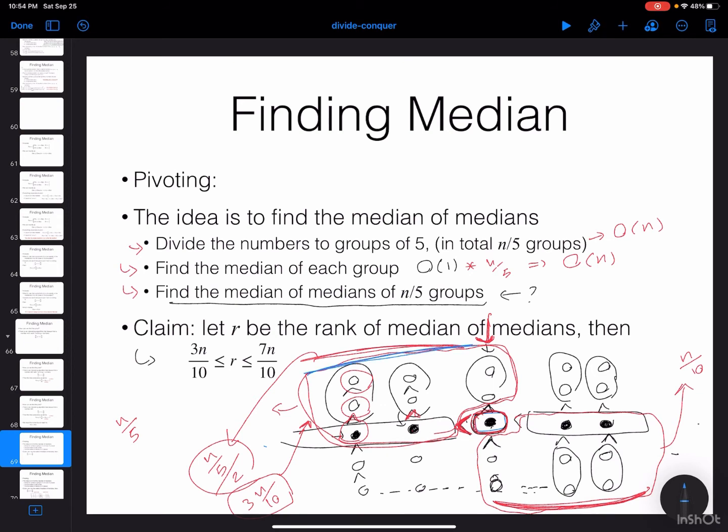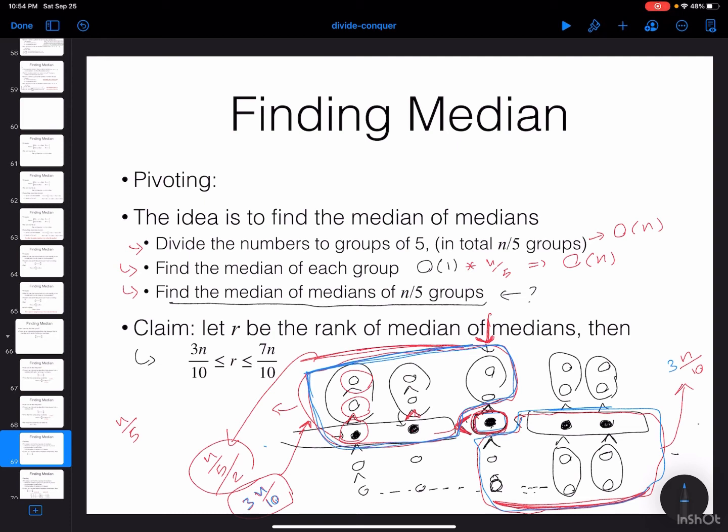How many items are going to be there? They are going to be greater, 3n divided by 10 items. How many are here? Exactly the same amount, 3n divided by 10 items for this side.